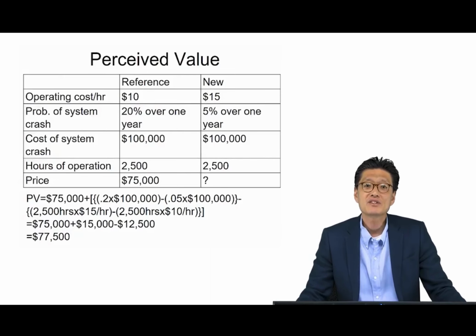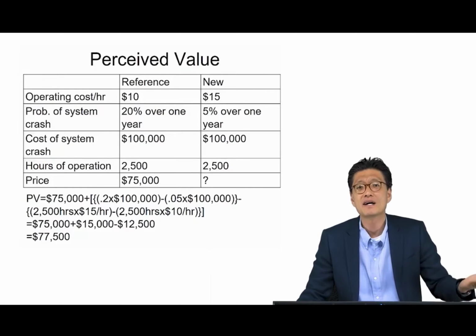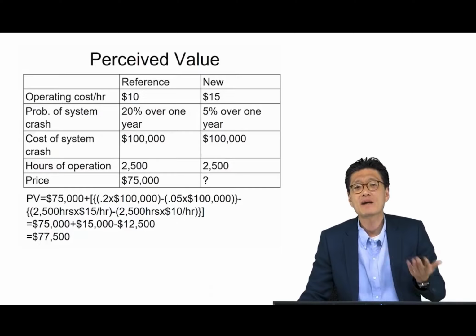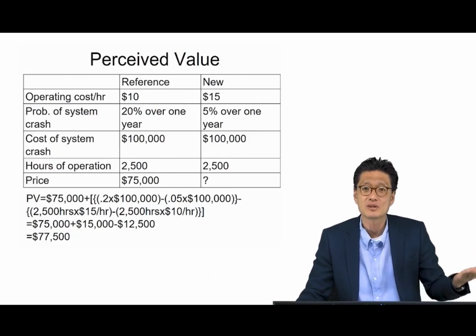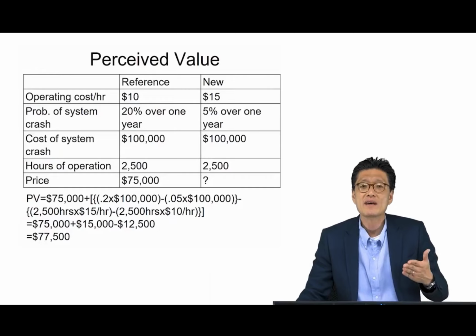In the previous slide it was 19,000. Here it's 15,000, so it's been downgraded. Why? Because the buyer, the toy manufacturer, does not believe that the 1% probability of system crashing is realistic. Therefore, they've increased the probability from 1% to 5%, which lowers the system crash savings from 19,000 to 15,000.